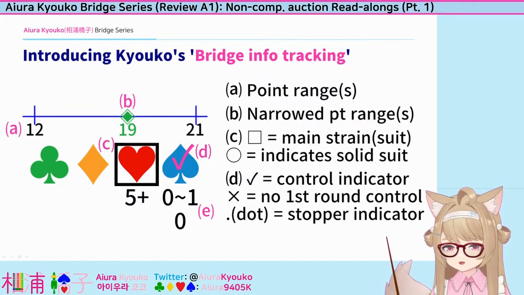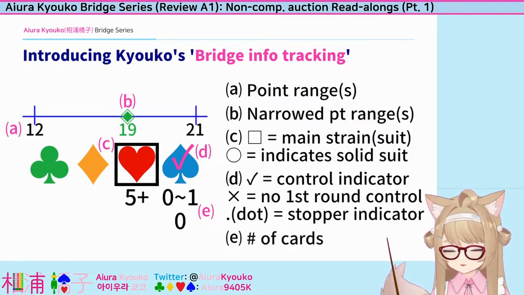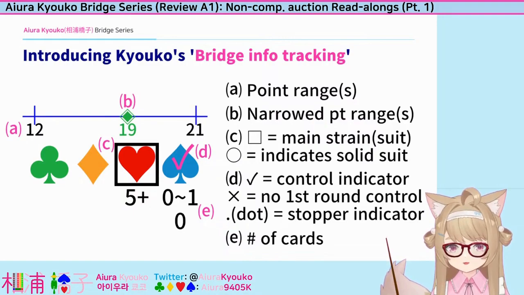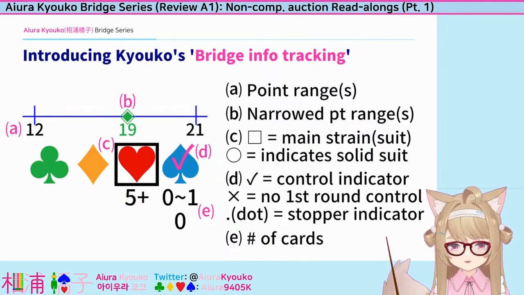Also, if there's a dot, it indicates a stopper. And E are the numbers below the suits, showing the number of the cards in that suit.